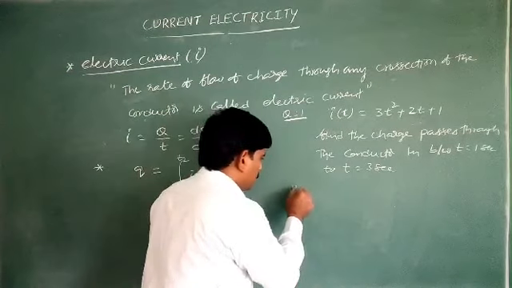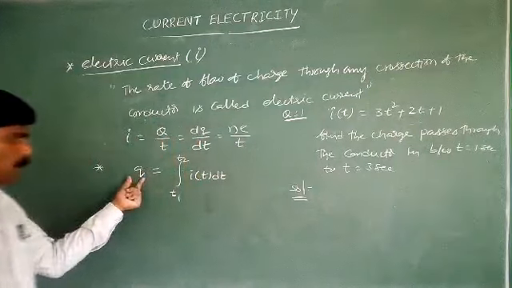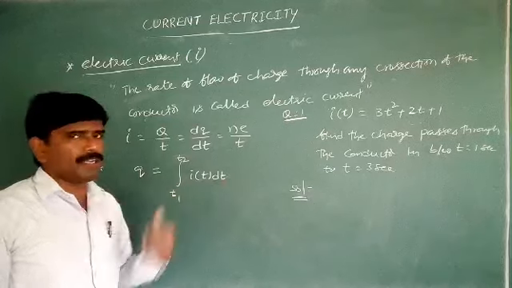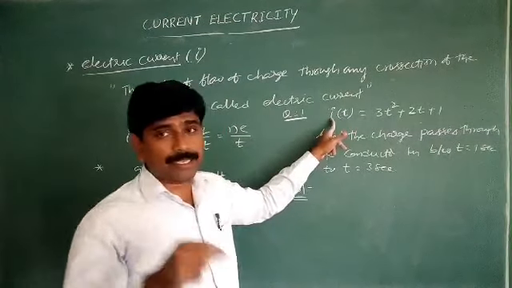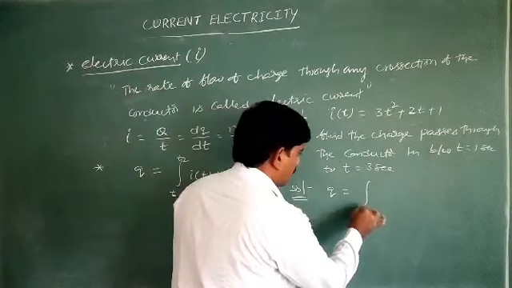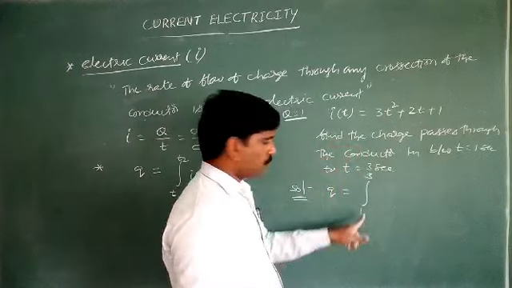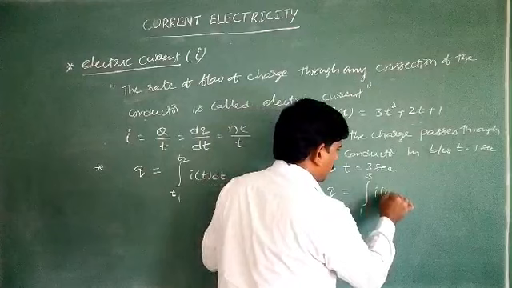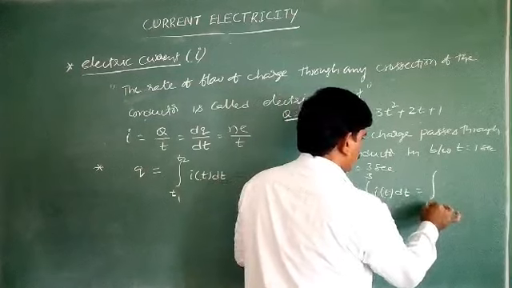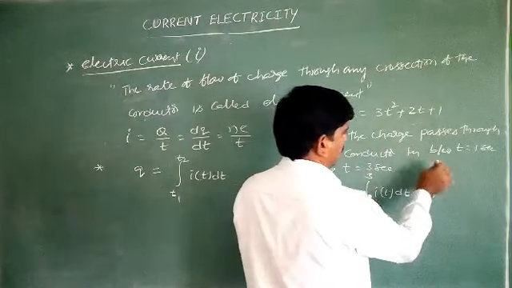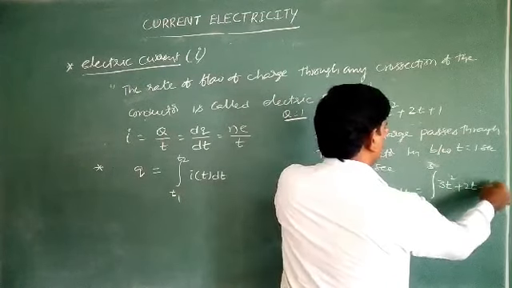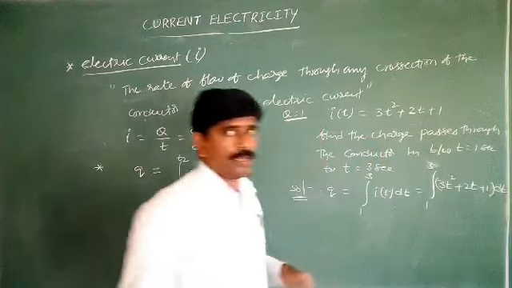Observe how we solve that. We know that q is equal to integral from t1 to t2, the given time interval, of I of t into dt. Here current is the function of time. Therefore q is equal to integral from 1 to 3 seconds of I of t into dt, that is equal to integral from 1 to 3 of 3t square plus 2t plus 1 into dt.